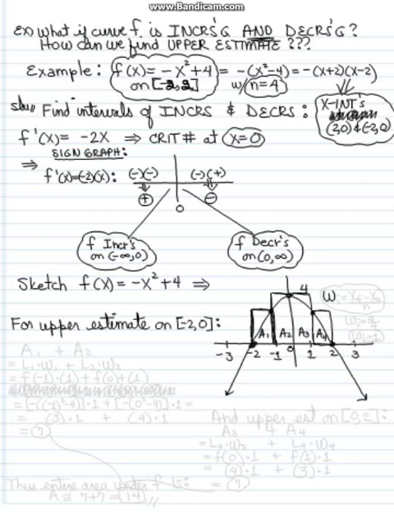Well, it's a good idea to do the graph so you can see it, or if you don't want to do the graph or it's a little bit more difficult, you can use a test to find the intervals of increase and decrease on the x interval from negative 2 to 2.